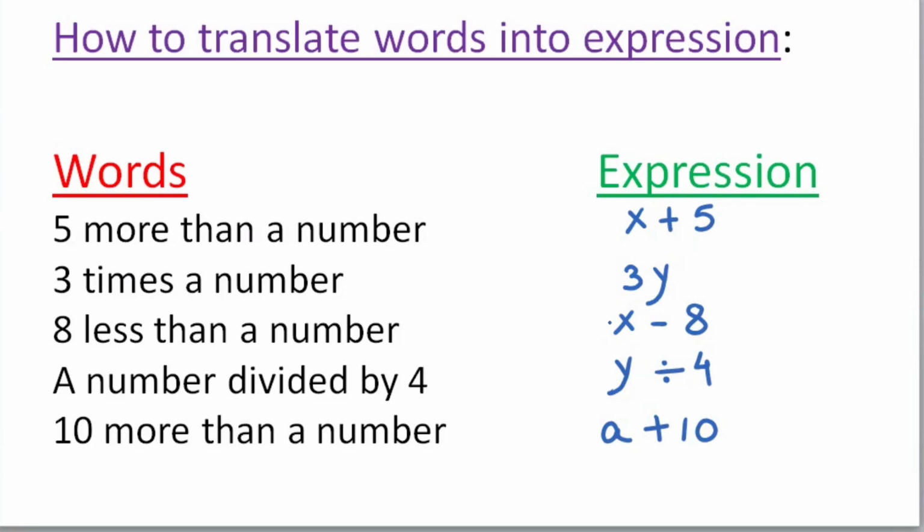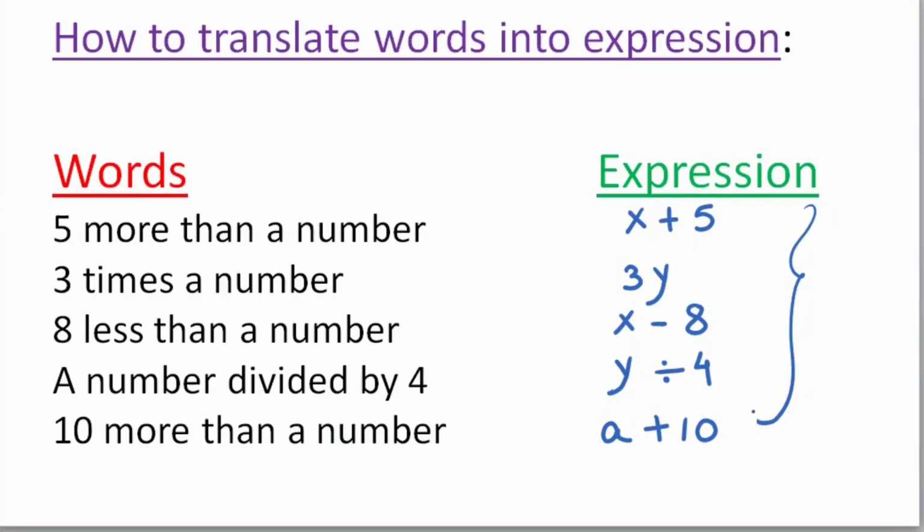The number is represented with x and 8 less than a number is x minus 8. And a number divided by 4. So y represents the number that is divided by 4. Here 10 more than a number. The number is a and we added 10 here to make the expression.